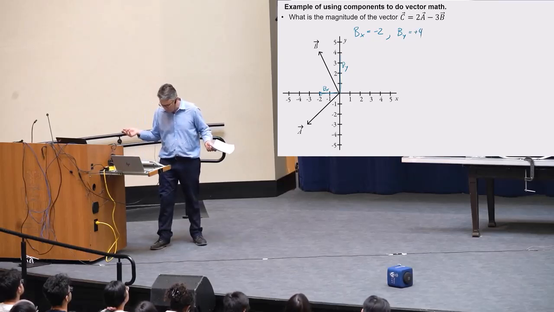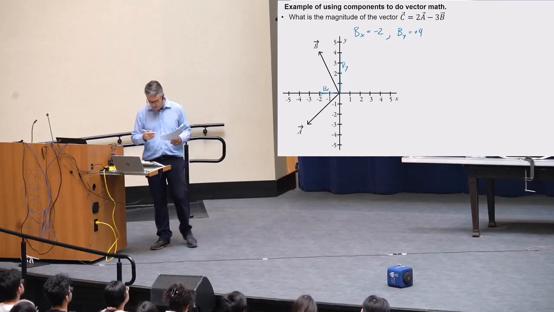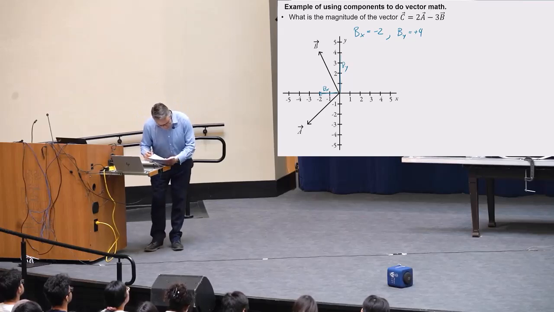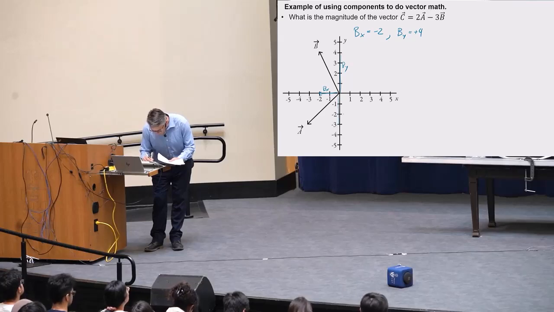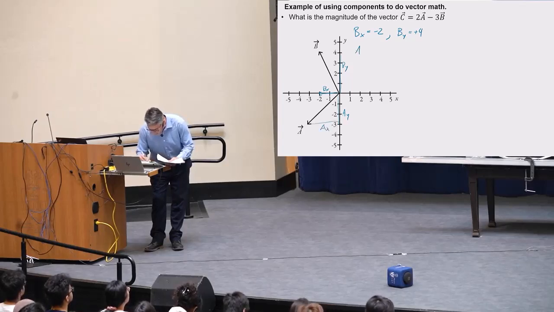I don't know what the units are. Maybe they're meters. It doesn't actually say the units. And then a, same sort of thing. This is going to be your a sub y, which is negative 3, and this one I put here is your a sub x. It's also negative 3. So a sub x equals negative 3, a sub y equals negative 3.